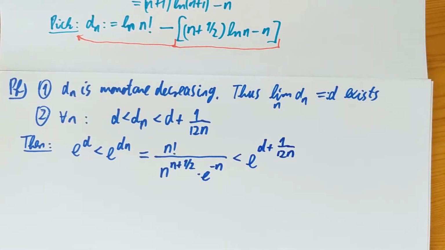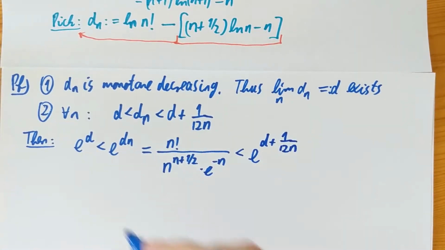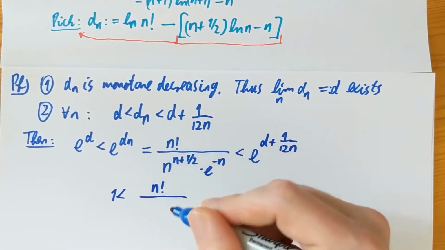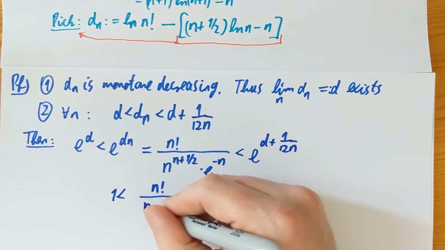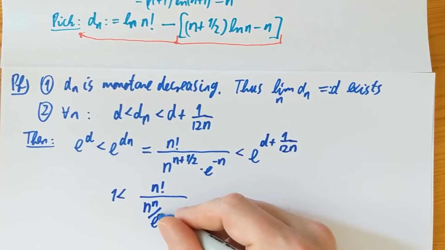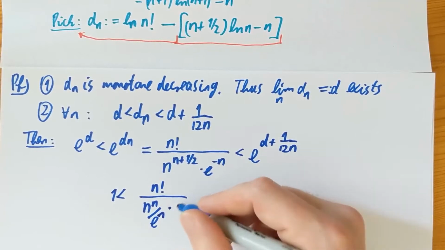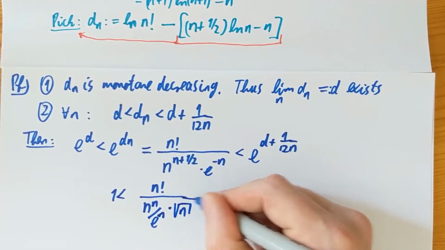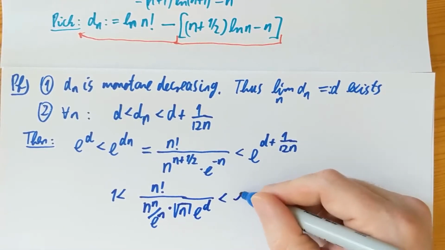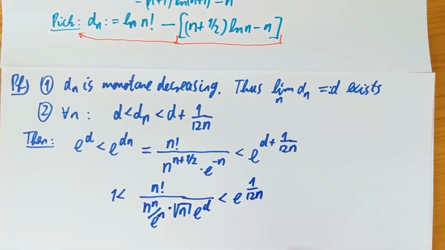Okay, and if I now divide by e to the d, that gives me n factorial over n to the n e to the minus n. I can just bring it underneath here, and then I can have a root n, and then I have this constant e to the d, and that's smaller than e to the 1 over 12n.